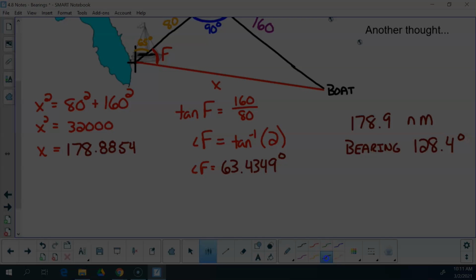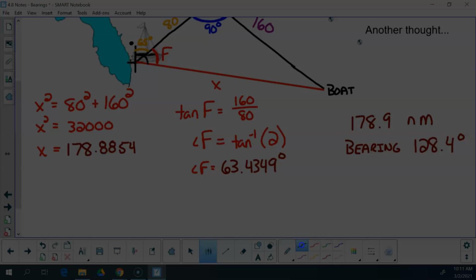Why is it 128.4 degrees? I got to go from 0 degrees. Oops, I already used purple in that one, so we'll use black. So I got to start up here at 0, and I got to go all the way down to this red one.